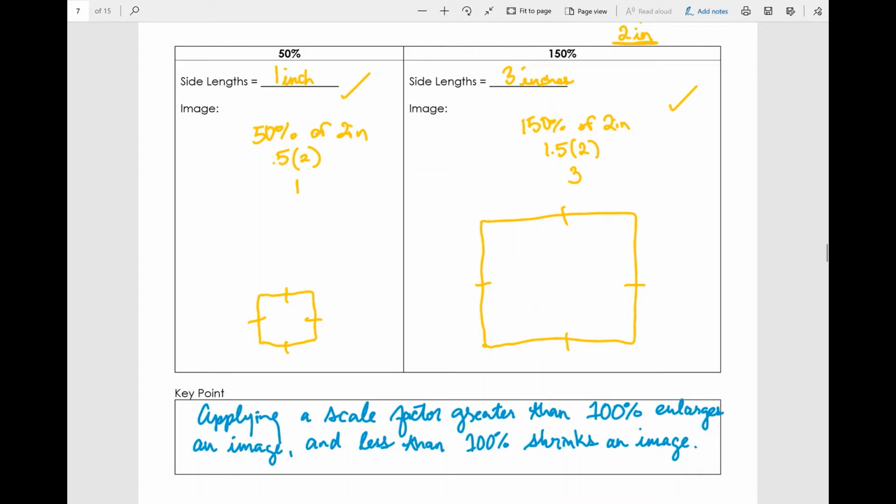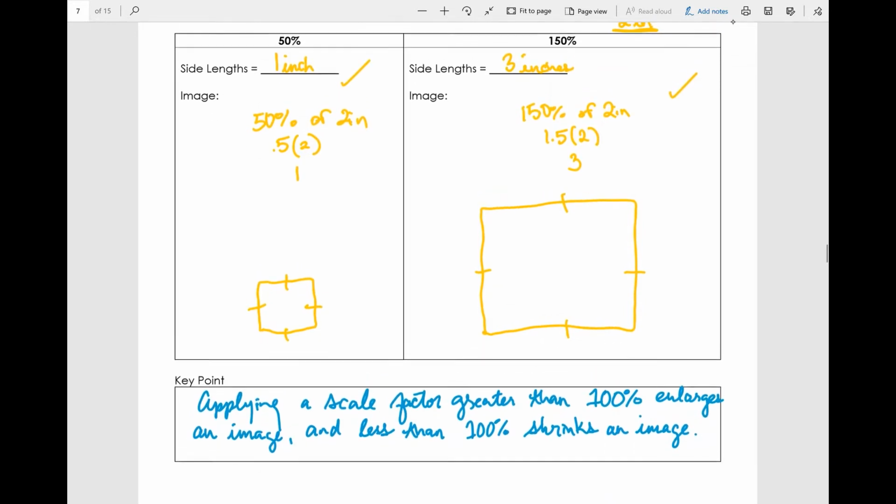Fair enough. It's also called a reduction if it's smaller.